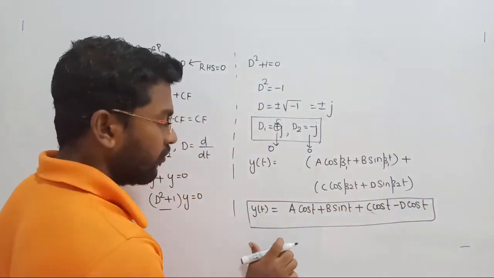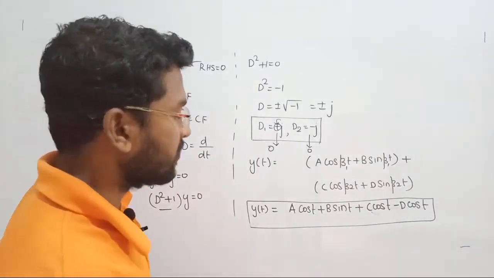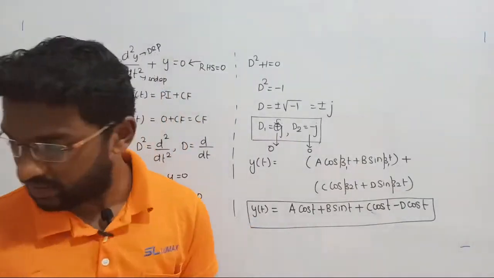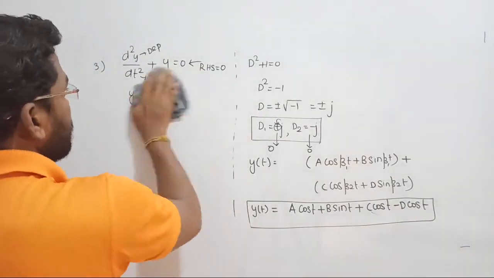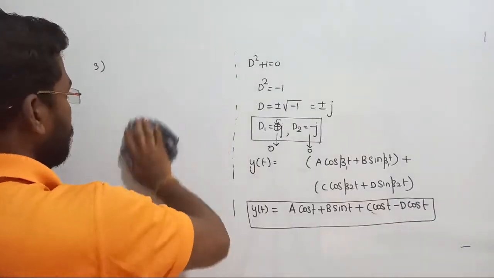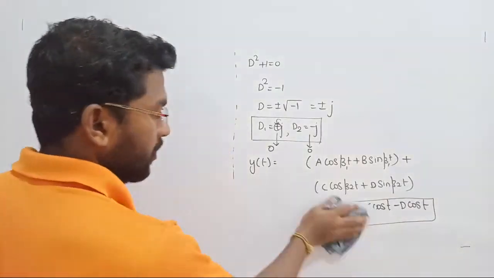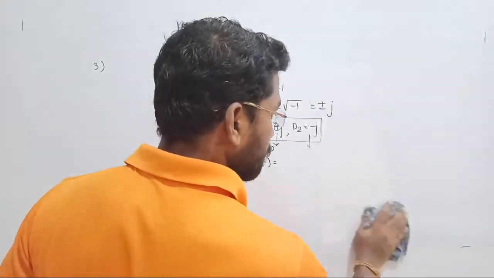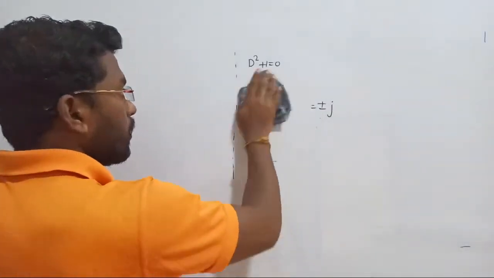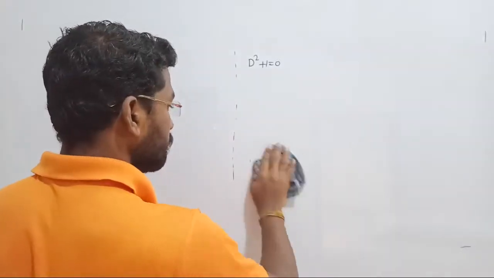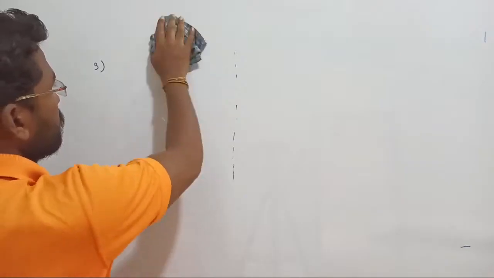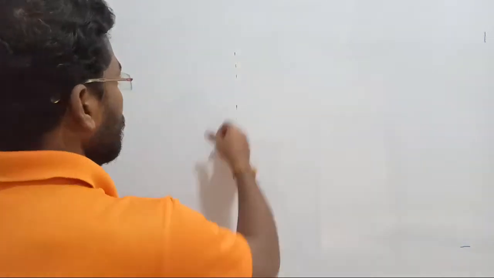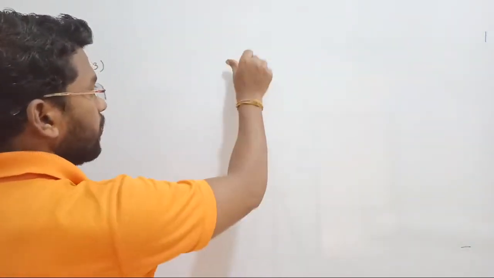Similarly, when we are looking for some other type of roots, let me rub this one, right? Let us take some other example and let's try and bring the answer for those roots also.